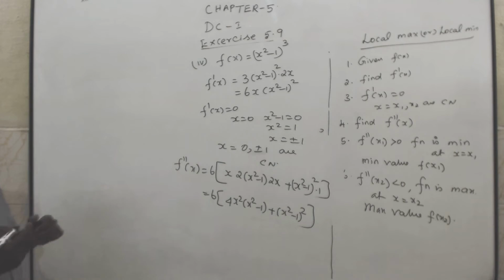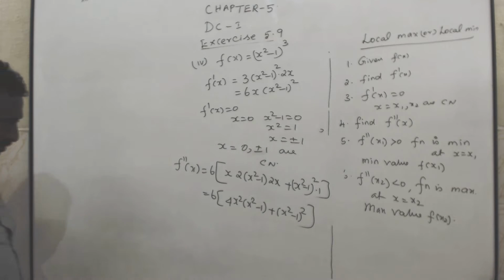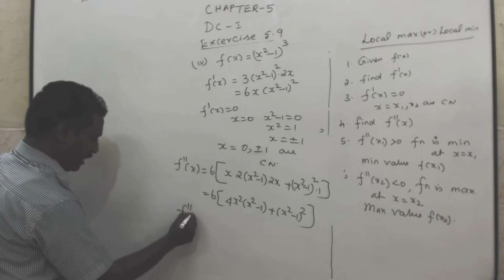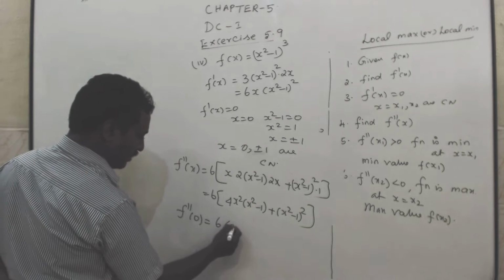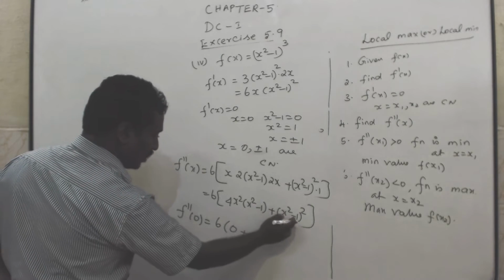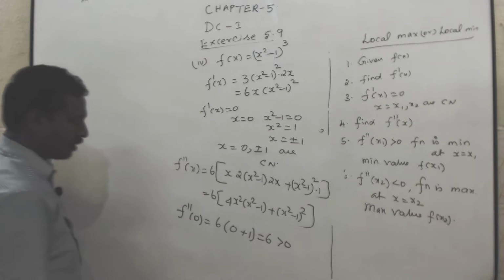No need to simplify. First I have to verify for x is equal to 0. f double dash of 0: 6, 0 into any number is 0, plus 0 minus 1 square is 1, 6, positive.